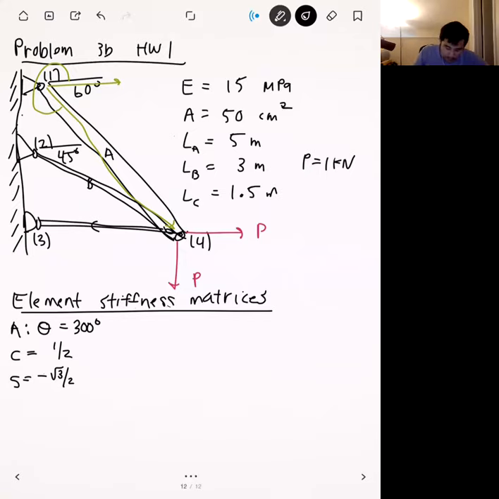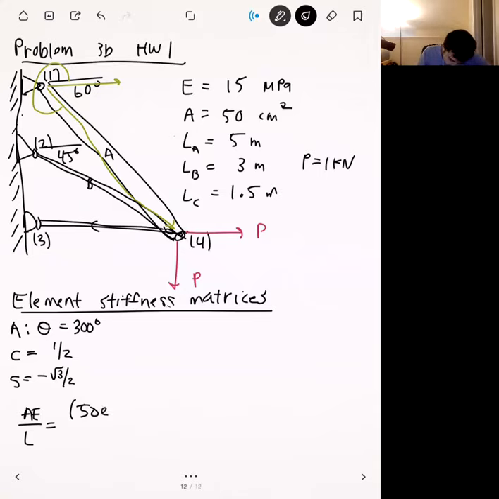Then the last thing I'll compute here is the coefficient out in front, AE over L. A here is 50 centimeters square, and we're going to convert this to meters square, so it's 50 divided by 100 divided by 100.